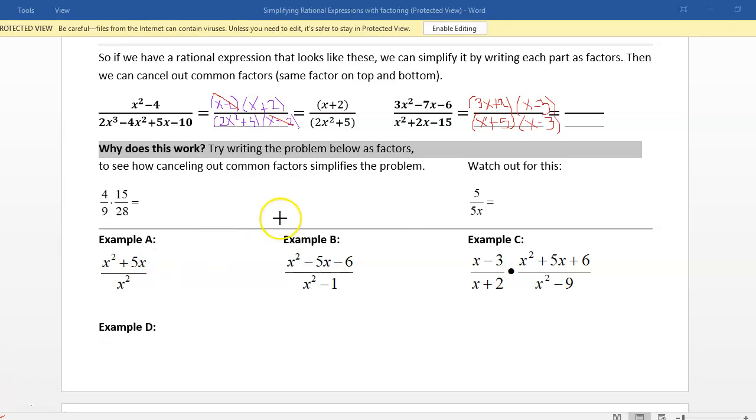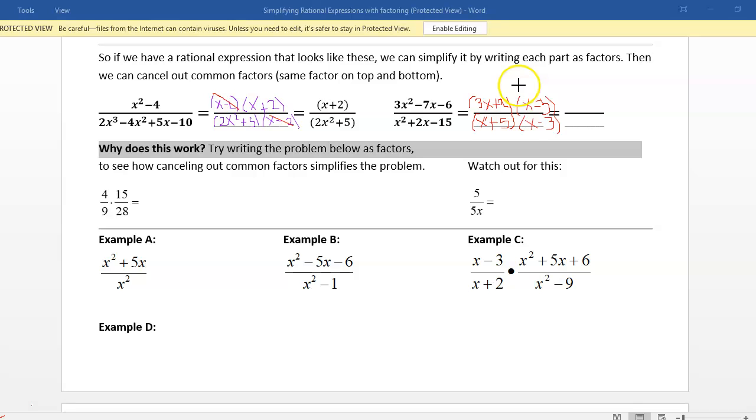All right, is this what you got? We grabbed the factors that we just did. I know 3x squared minus 7x minus 6 factors to 3x plus 2 and x minus 3. The denominator here factors to 2x plus 5 and x minus 3. And look at this. We're going to cancel common factors from top to bottom.